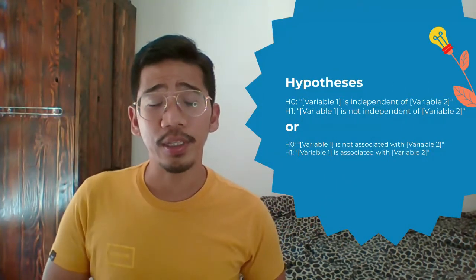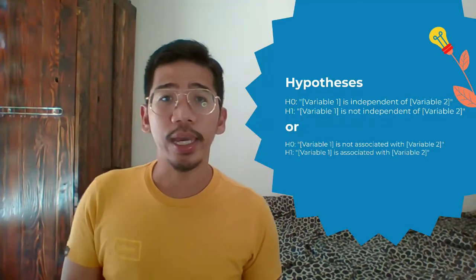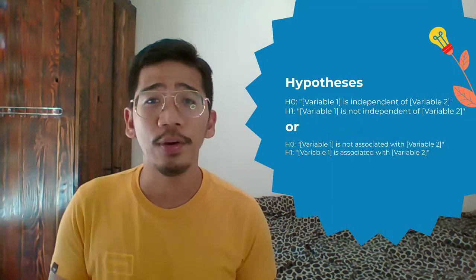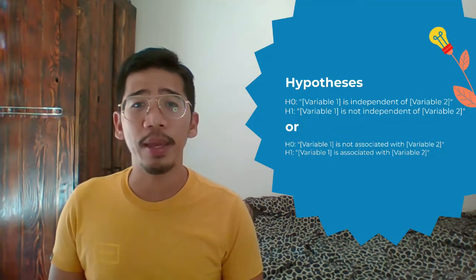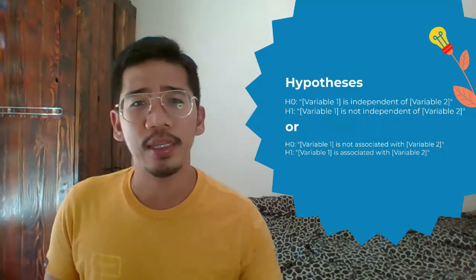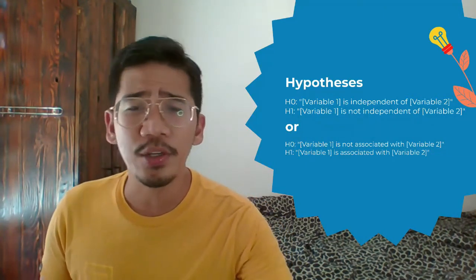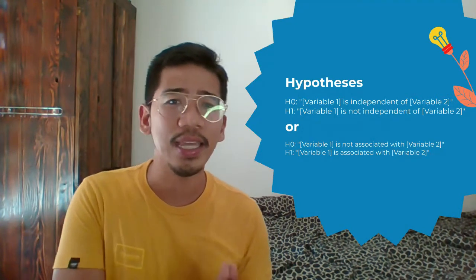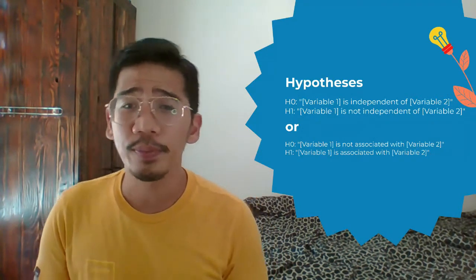The null hypothesis, labeled as H0, and alternative hypothesis, labeled as H1, of the chi-square test of independence can be expressed in two but equivalent ways. First, you can express your null hypothesis as variable 1 is independent of variable 2.